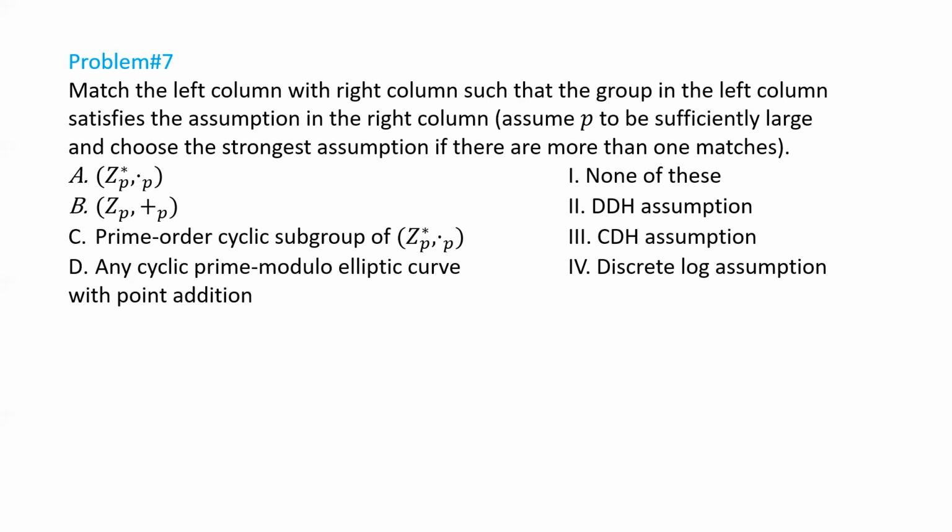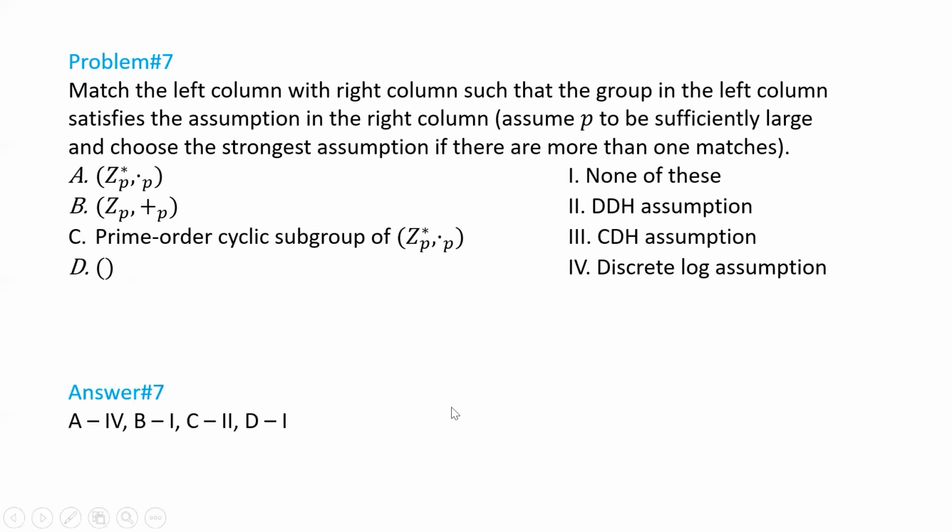So in general, we cannot say that the CDH assumption holds. So only the discrete log assumption holds in this case. So finally, A maps to 4, B maps to 1, C maps to 2, and D maps to 1.